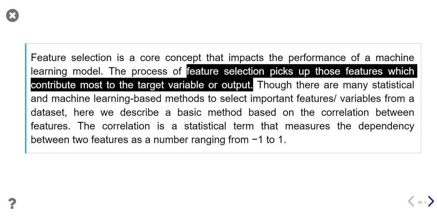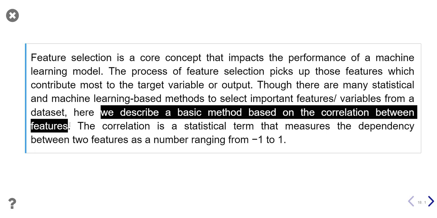Round means independent, oval means dependent. So visually you can check. But numerically, if we want to represent that, we can use the correlation matrix. We can use the correlation between features, one of the basic methods, to see whether they are correlated or not. Once we do this, you can match it with the earlier diagram to see whether it is strongly correlated or not.